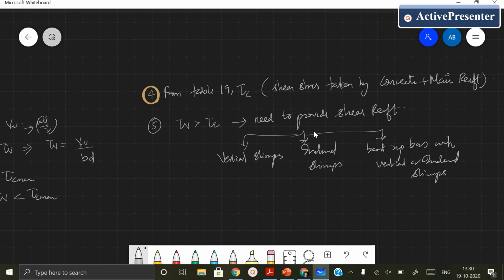Nowadays, we don't go for providing inclined stirrups as well as bent-up bars. Instead, we will go for providing vertical stirrups.